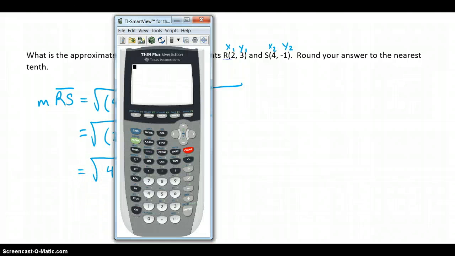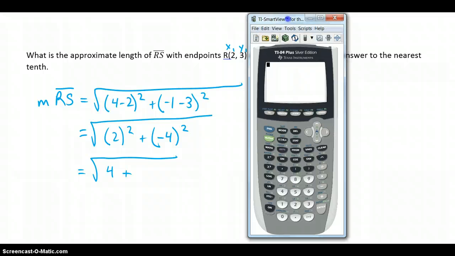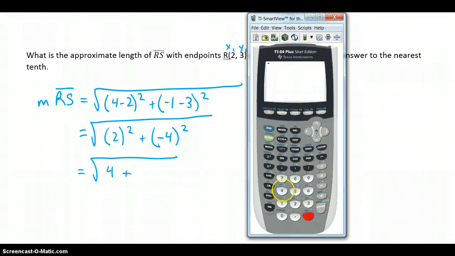I have to be careful when I use my calculator. If I just type in negative 4 squared, my calculator will say negative 16. My answer isn't negative 16, because negative 4 times negative 4 should give me a positive answer.